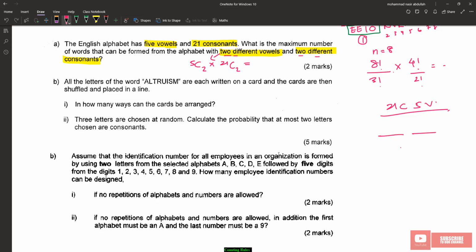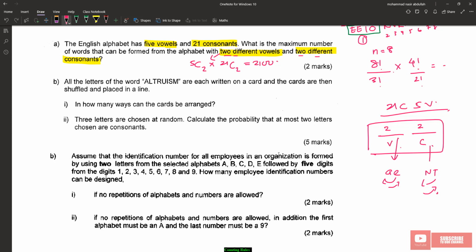Okay. 2,100. Right? So as I said before, there are 2 places. One vowel, one consonant. Remember? In this there are 2. In this there are 2. Right? Let's assume, to open our thinking a bit, for the vowels let's say we have A and E. Let's say for the consonants we have N and T. A and E can change position, right?